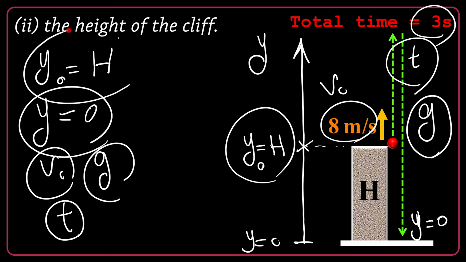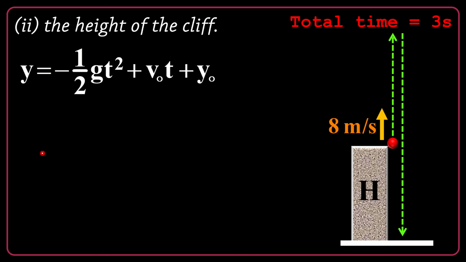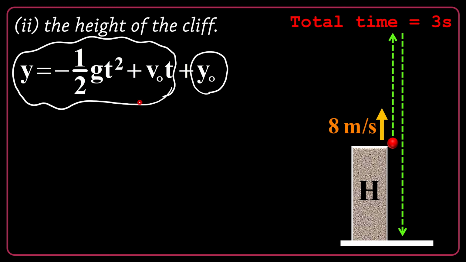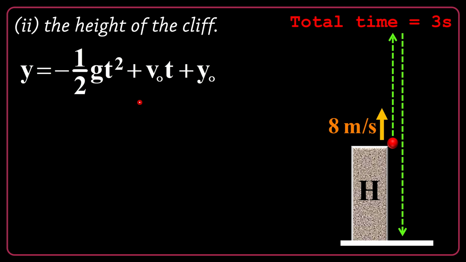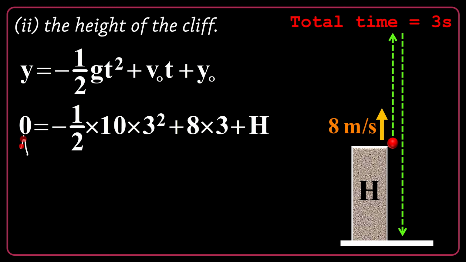The best approach here will be y equals negative a half g t squared plus v naught t plus y naught, because it's exactly my goal and all the other quantities are given. I know everything, so let's plug in the values. y is 0 when the object touches the sea level. Here 10 for g. Total time is 3 seconds for the whole journey.